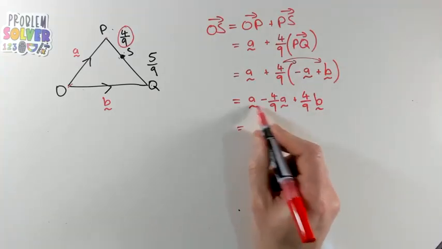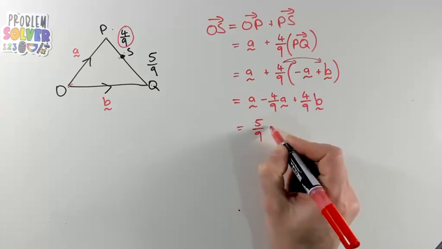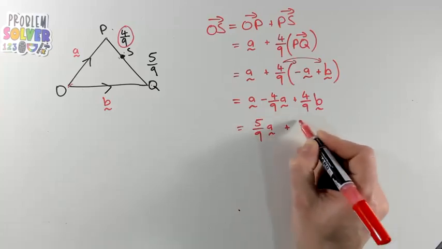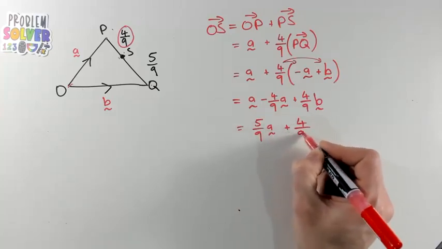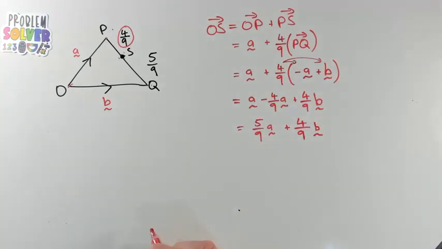Basically, 1 minus 4/9 is going to give me 5/9 A plus 4/9 B. I know it sounds daunting, but it's just following paths and then writing what those paths mean.